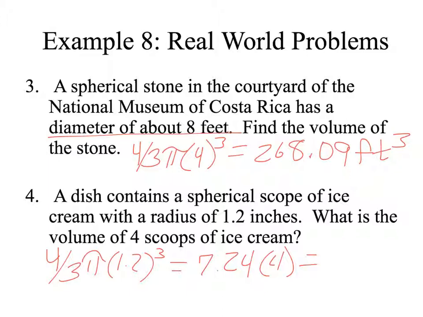I didn't do it right. 7.24 times 4. I'm going to get 28.96 inches cubed for the volume of 4 of them. We're still getting total volume, so it still does need to be inches cubed at the end.